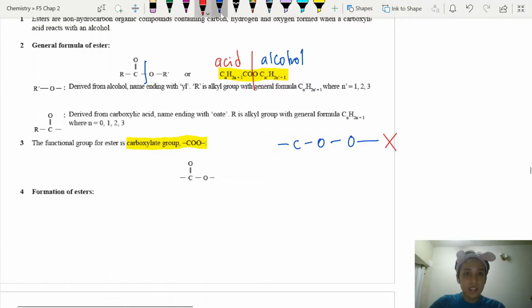Both oxygens are bonded to one carbon and not like this. I've even seen some do it like this, C double bond O and then a single bond O here. This is also wrong. So be very careful when you draw the structural formula. Remember that the oxygens are bonded to one carbon atom. It's not oxygen bonded to oxygen.